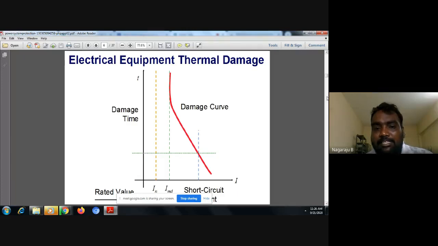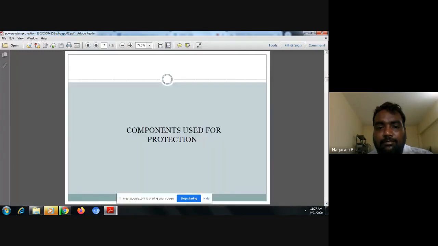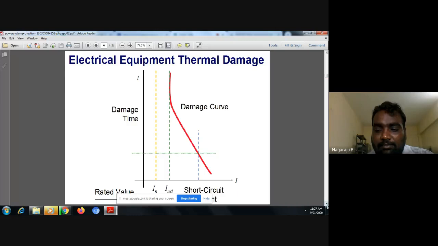Damage time: if damage time is less, there is only a little bit of fault. If damage time increases, automatically the short circuit current is going to decrease.